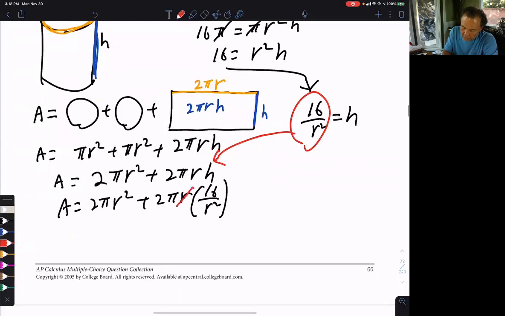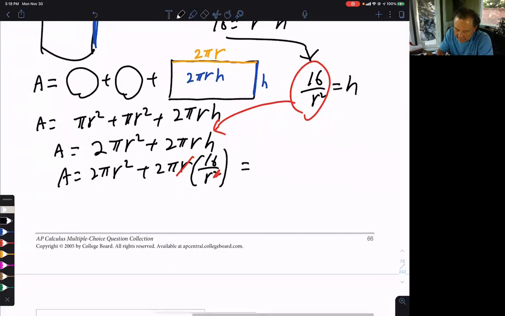And one of these r's will cancel with one of those r's, and I will get this. I'm going to multiply the 16 and the 2 and get a 32 pi, and I'm going to move the r to the top so it becomes a -1 power. Now I'm going to take the derivative.